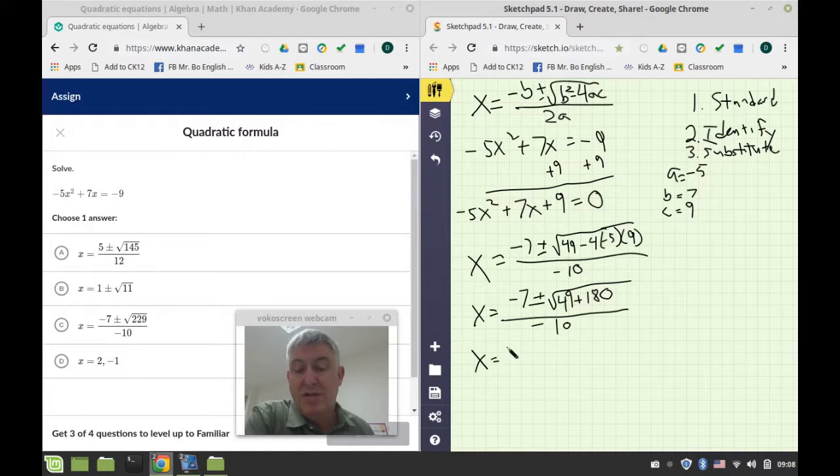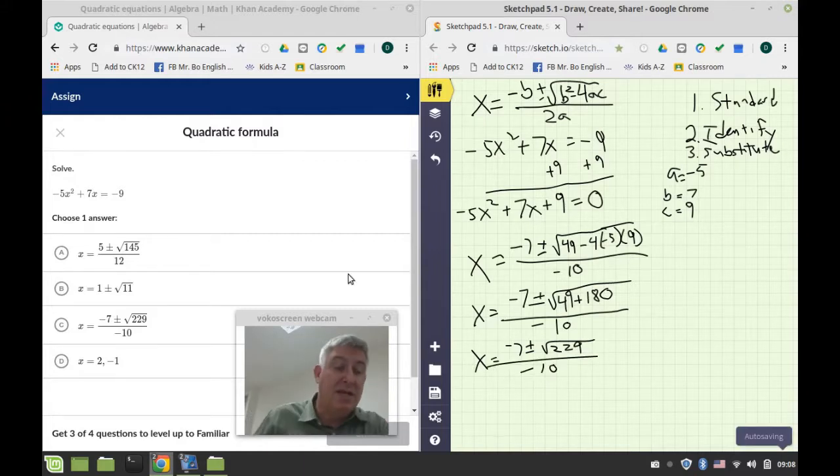So my answer here is negative 7 plus or minus the square root of 229 all over negative 10. And there it is right there.